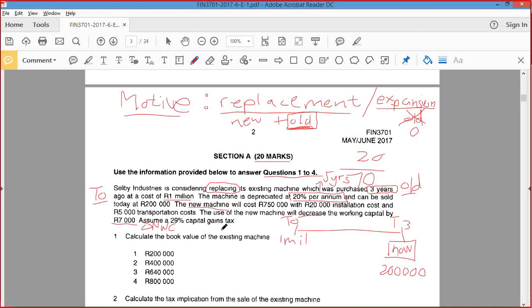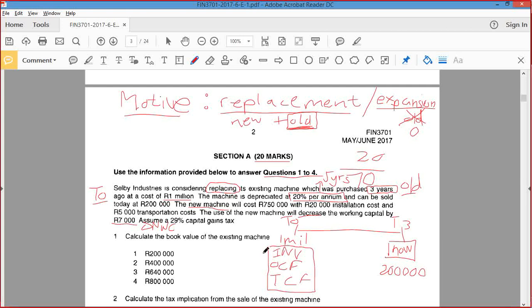We're only looking at calculations relating to the timeline: initial investment, INV, OCF, or TCF. Those are the three cash flows that can come up in a replacement or expansion type question.